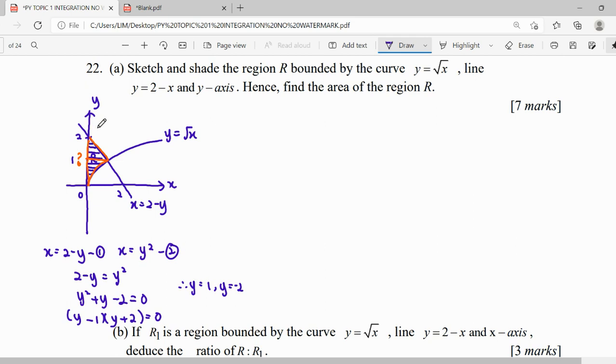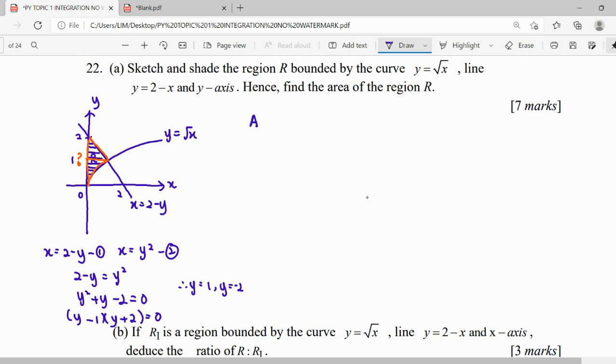When you want to do a region attached to the y-axis, every term should be in terms of y. When they say attached to the x-axis, then every term should be in terms of x. So it will be easier for us. After we find the value, we build the formula for area.